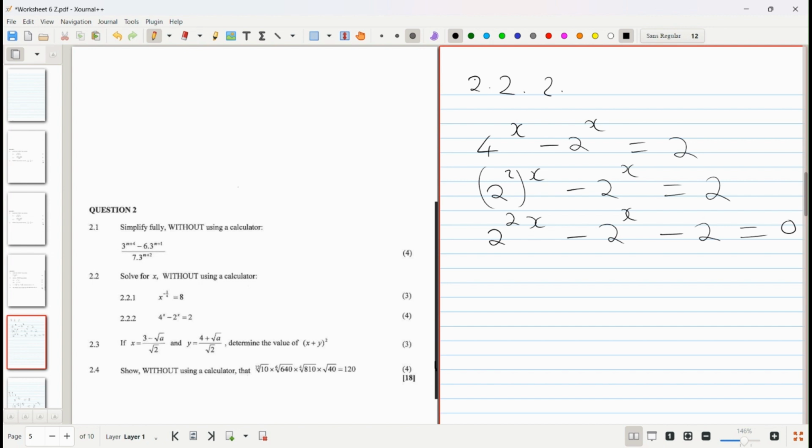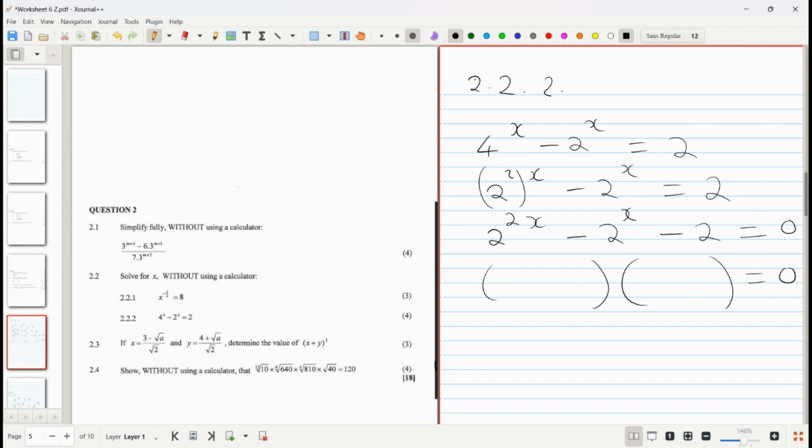So it's very important to note that this 2 to the power x here, you can take as x. You can take it as x, or you can factorize this.